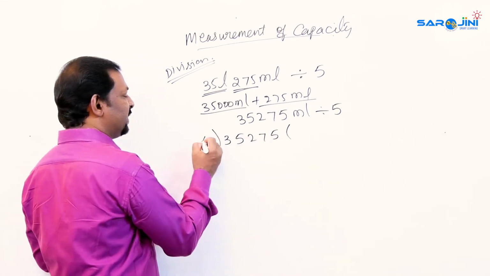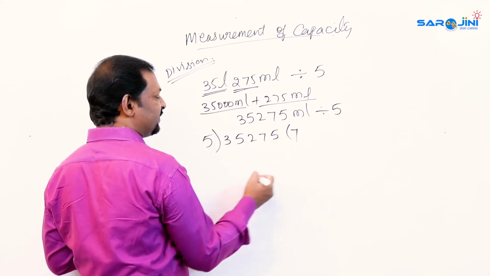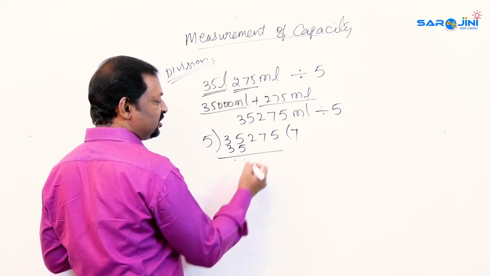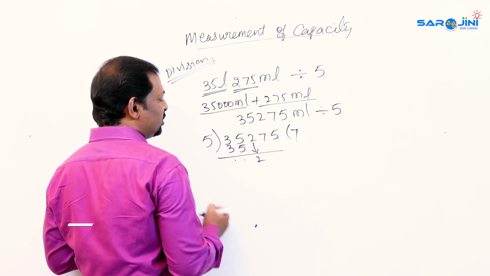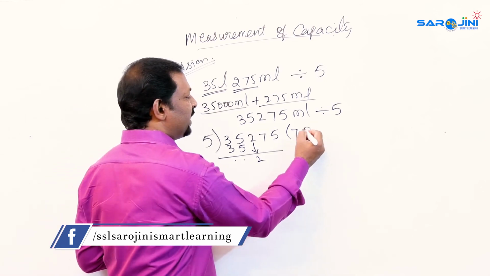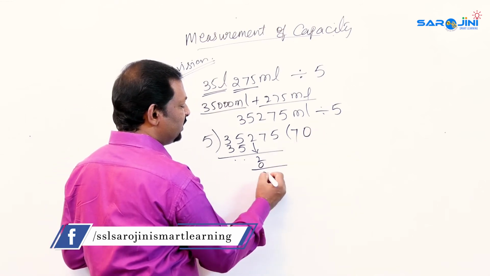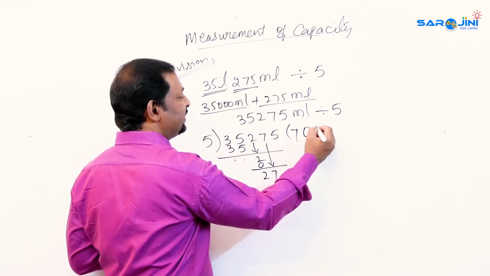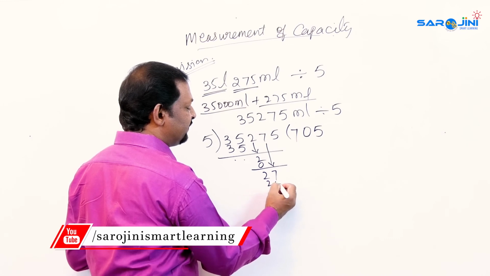35275 is divided by 5. 5 sevens are 35. So 35 minus 35 is 0. 2 we bring down. In the 5 table, will 2 go? No, which is not possible. So 5 zeros are 0. Then you are left with 2. Then bring down this 7. So 5 times 5 is 25.